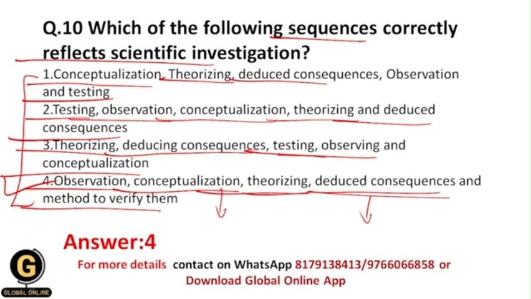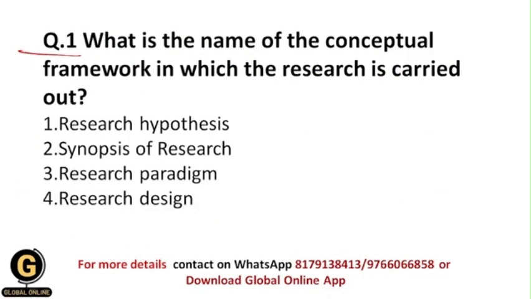The next question is, what is the name of the conceptual framework in which the research is carried out? Through that conceptual framework, basically the research is carried out. So whether it is research hypothesis, synopsis of research, research paradigm, or research design.